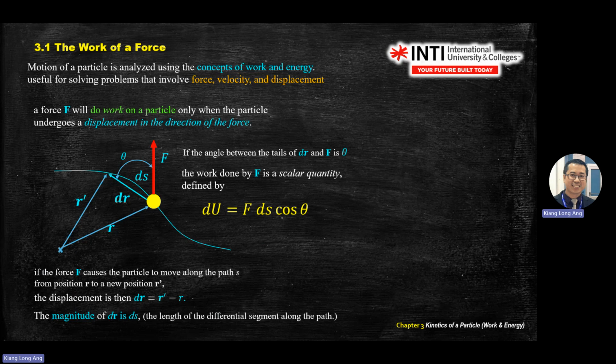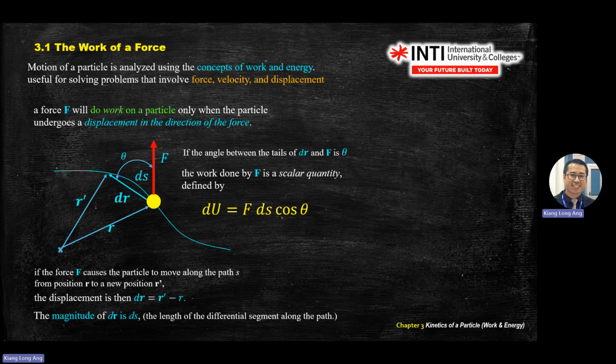Work is force multiplied by the parallel distance, or the displacement. Both must be parallel. So it can be force cos theta or ds cos theta, as long as the two are parallel. But I would highly recommend you always refer to the displacement because it never changes.